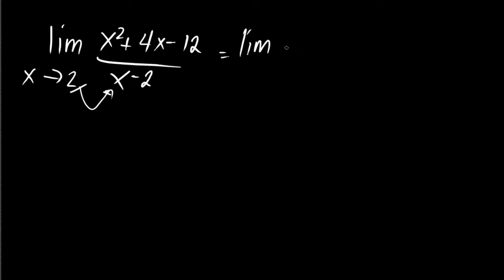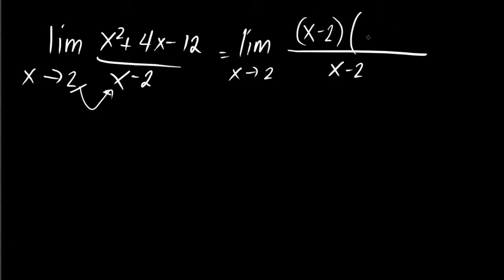So, limit as x approaches 2. And like I told you earlier, kung may x minus 2 sa dalom, for sure, may x minus 2 man sa babaw. Now, you have 12 and 2, so most likely that's 6, but is it plus or minus? There's a minus 2, plus 4, therefore that's plus 6.